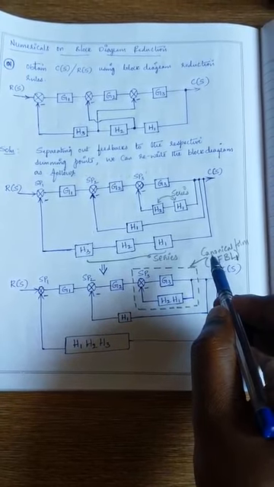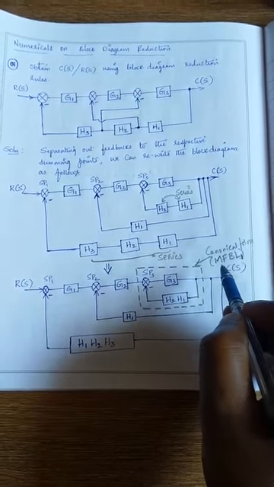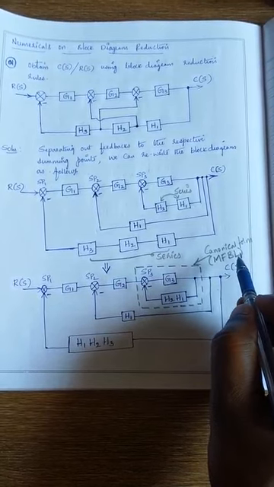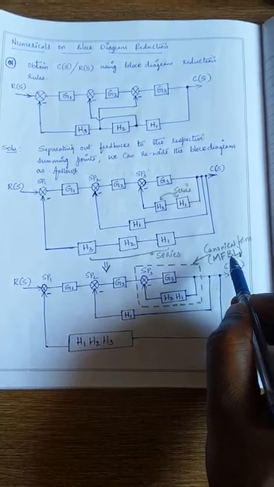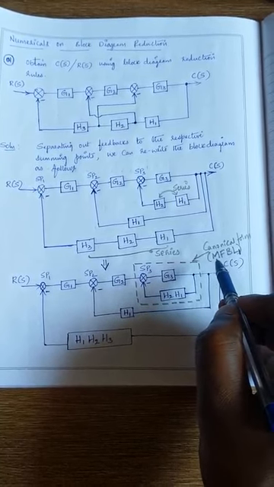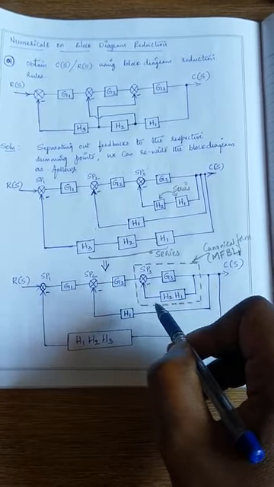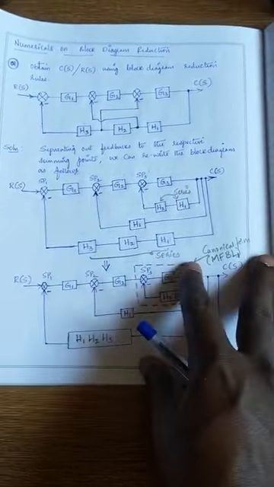That can be called the canonical form of a closed loop system, or simple form, or simply a minor feedback loop. MFBL stands for minor feedback loop. So here I have taken it as MFBL1, the first minor feedback loop which I am going to reduce.